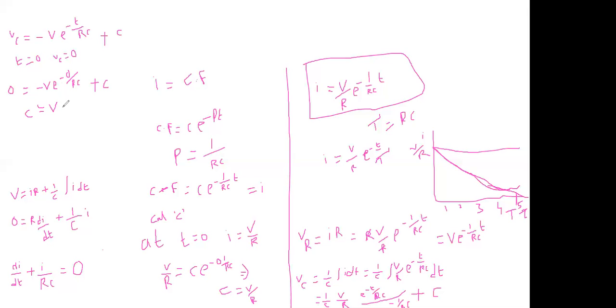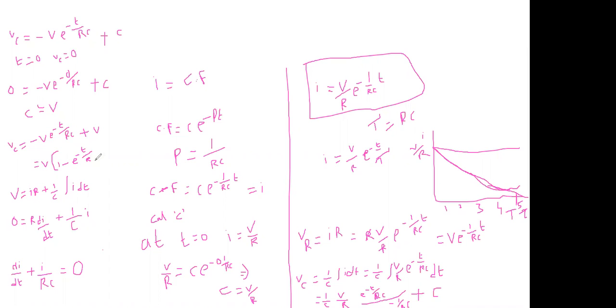Substitute the C value here. Then we get Vc equal to minus V e power minus t by RC plus V. Both terms have V common, so V common, 1 minus e power minus t by RC.